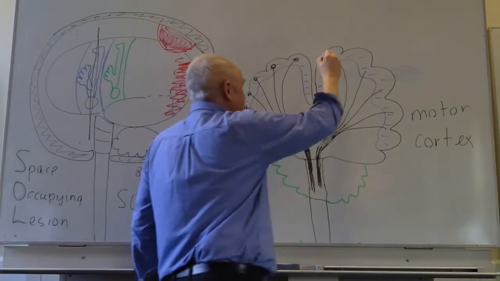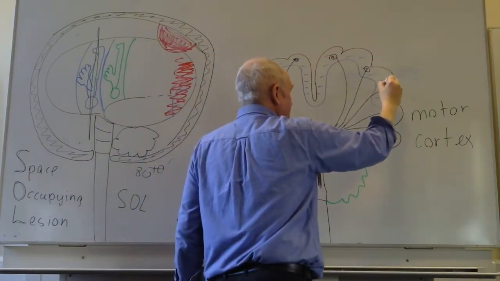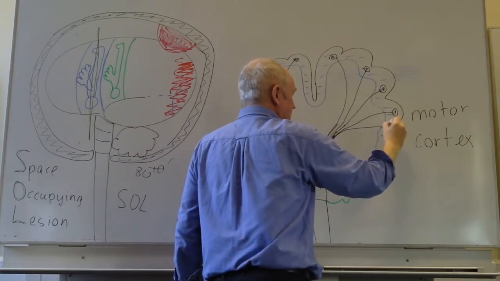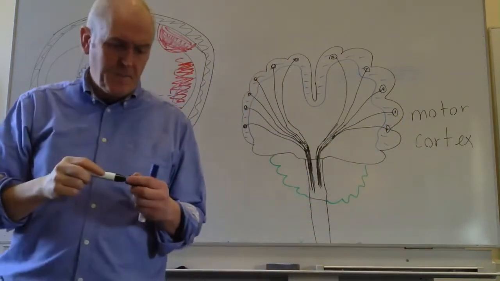And again, these are coming from motor neuron cell bodies, the clever part of the nerve cell.